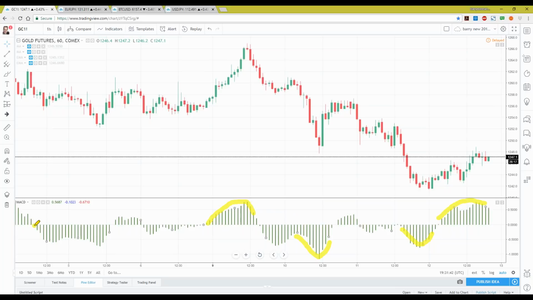When it crosses the zero line, it's generating buy and sell signals. If it crosses the zero line and goes downward, it's generating a sell signal. Crosses the zero line and goes upward, it's generating a buy signal. And we can almost see the momentum in these lines.